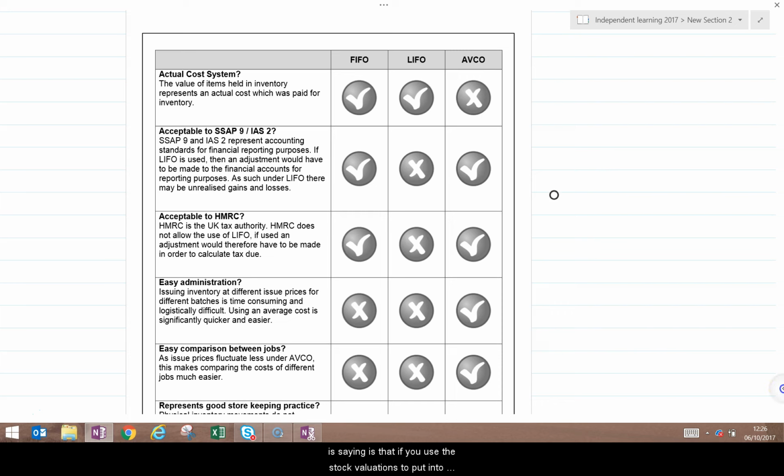Basically what that is saying is that if you use these stock valuations to put into your financial accounts, providing you've valued using either Fifo or Avco, that is acceptable. Lifo is not an acceptable method to value your stock for your financial accounts. And the same applies to whether it's acceptable to HMRC. Right, Fifo and Avco are acceptable, Lifo is not.